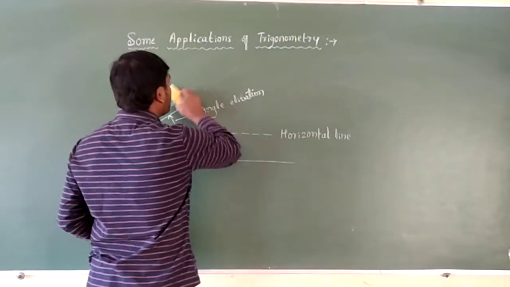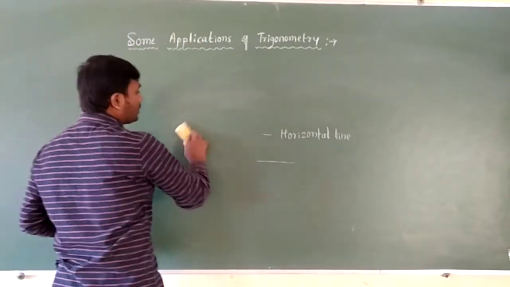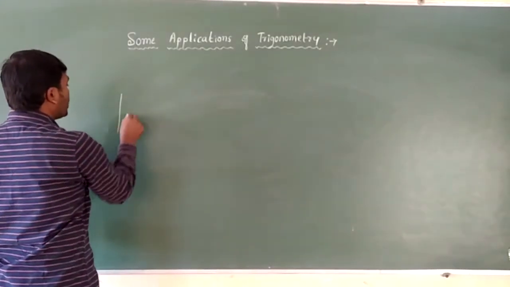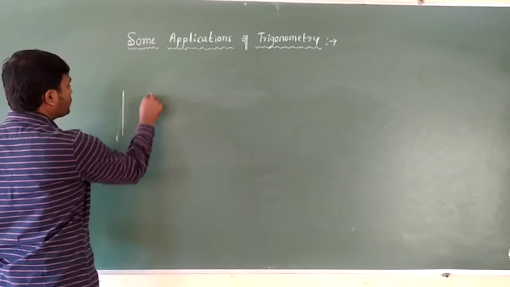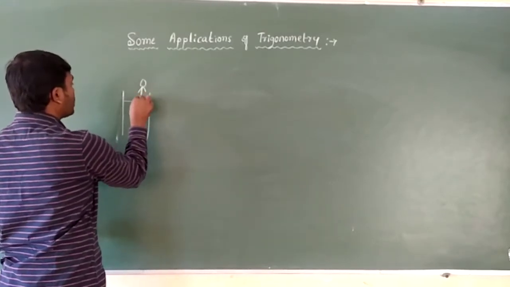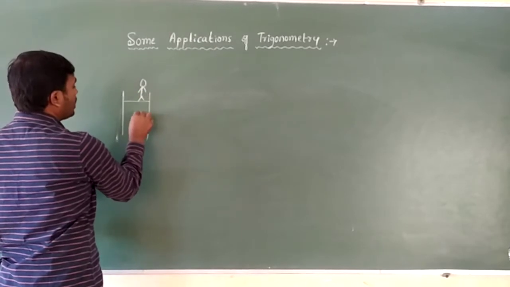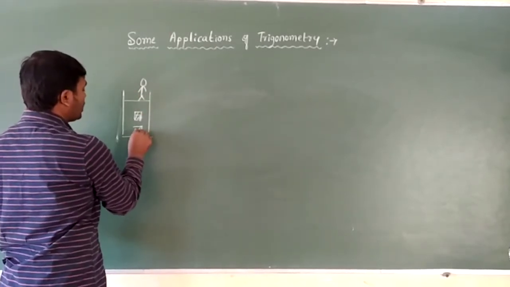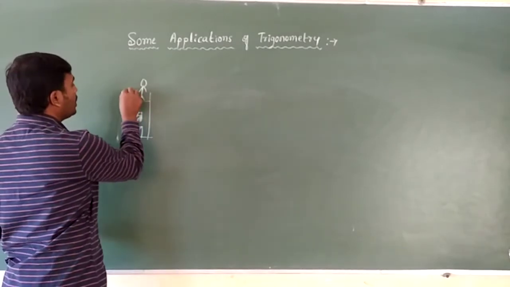Now the next concept, angle of depression, is used to see objects which are below the horizontal line. Let us consider a person is standing on a building. An observer is standing here on the building.